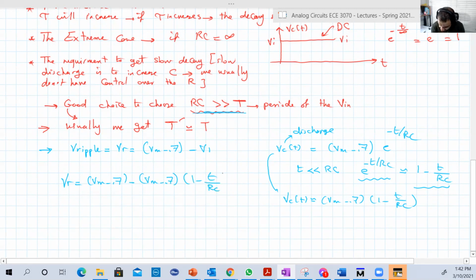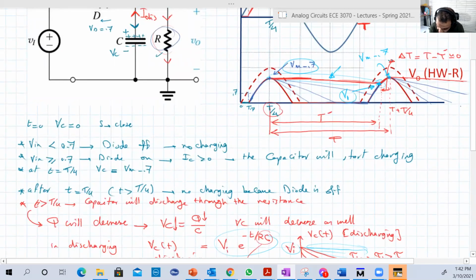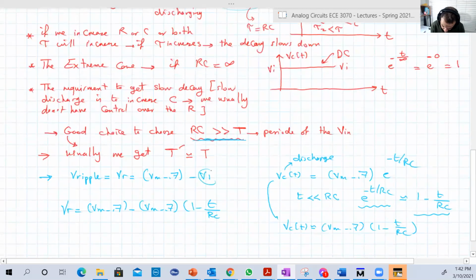But this is Vc of t. We want here the voltage V1, which is at that time here, which is T dash. So V1 is the voltage at T dash.